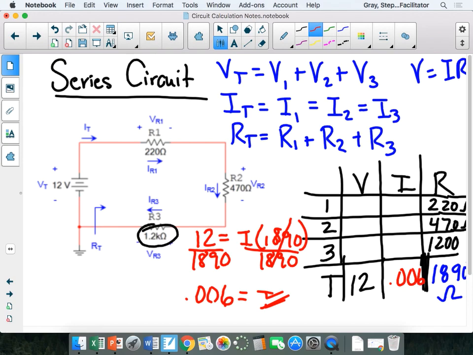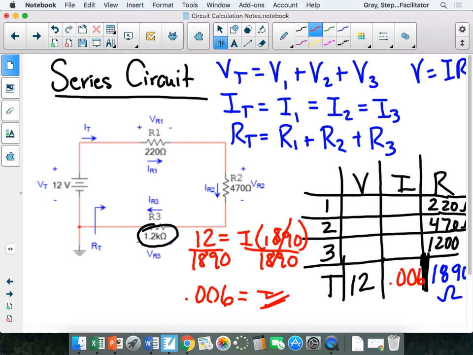Okay, so that's 0.006. By the way, that is the same thing as 6 milliamps. Okay, so on the test, there might be a choice. You might get that number, but the choices might say 6 milliamps. You have to know that 0.006 amps is the same thing as 6 milliamps. Okay?